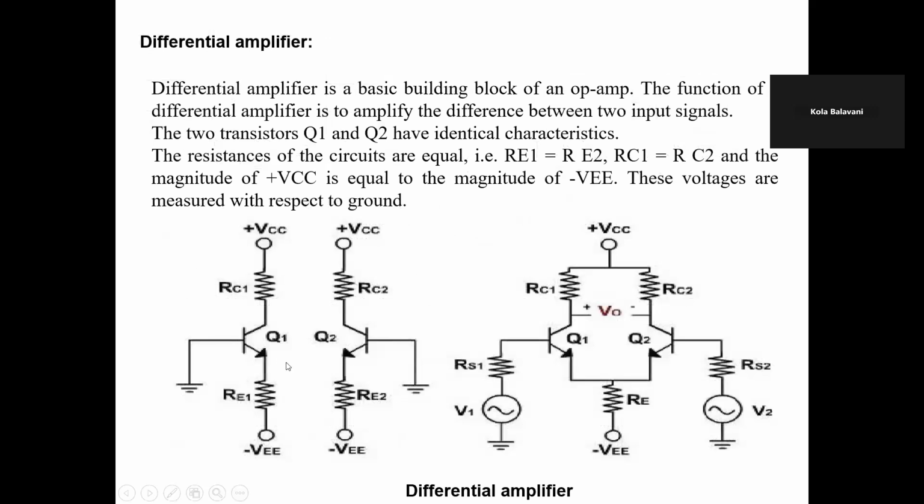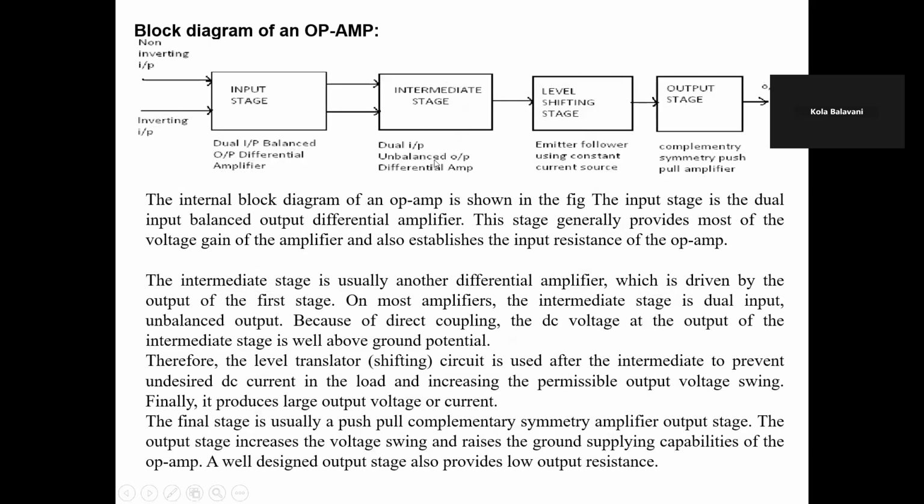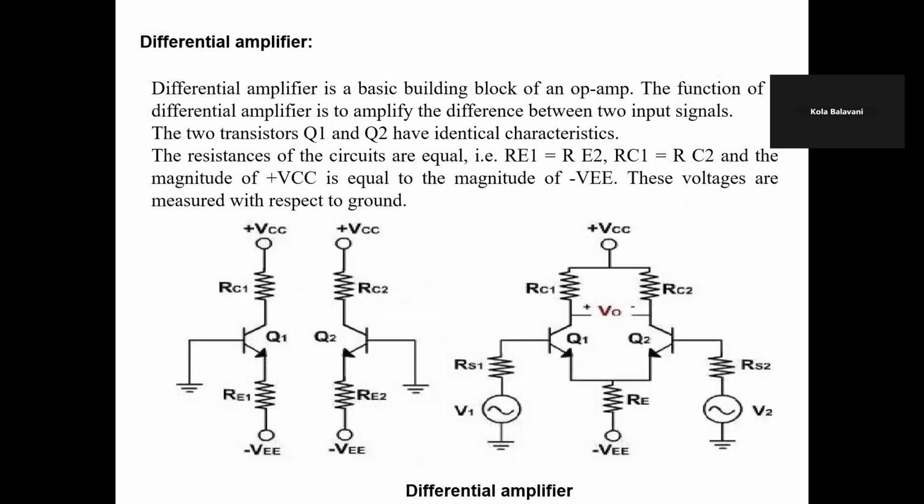See, this is the structure of the differential amplifier, and this differential amplifier is the basic building block of the operational amplifier. If you observe, the first stage is a dual input balanced output differential amplifier, and the second stage is a dual input unbalanced output differential amplifier. Dual input means we are taking the input from two terminals. See, this is one and this is the other one.